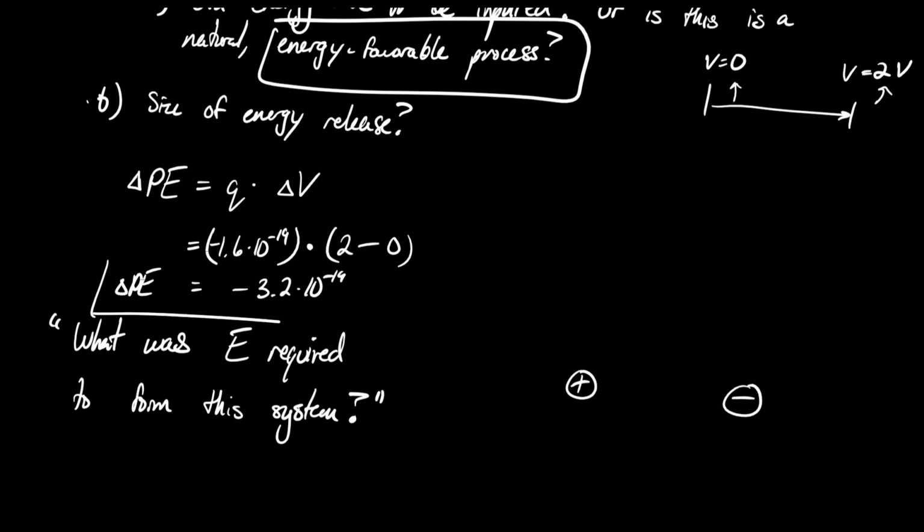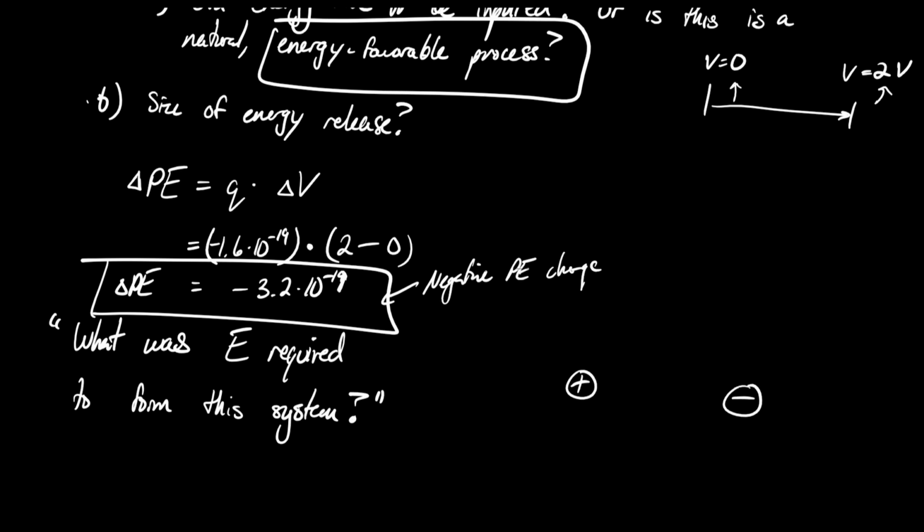And a negative change in PE, sort of like how a bowling ball rolling down a hill gets to a lower PE by the end, is favorable, right? Again, if you have a bowling ball, it starts up high on a hill, it rolls down a hill, the change in potential energy over that is negative, and the bowling ball loves it. It's what naturally wants to happen.